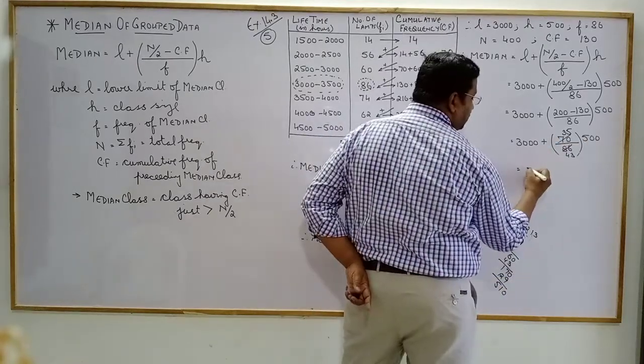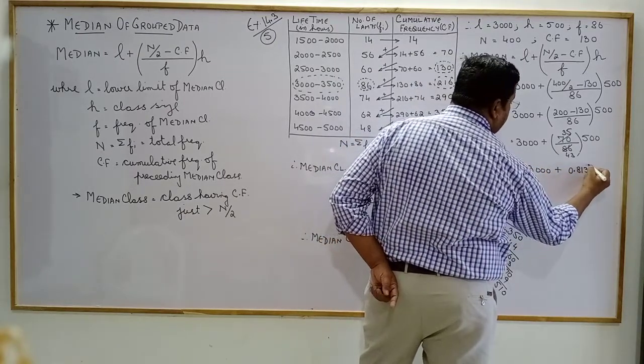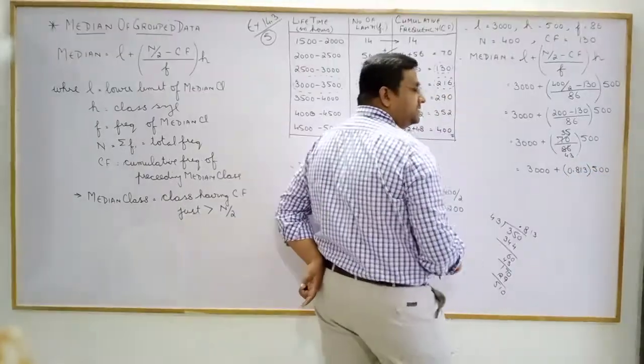So approximately it comes out to be 3000 plus 0.813 into 500. Yes?